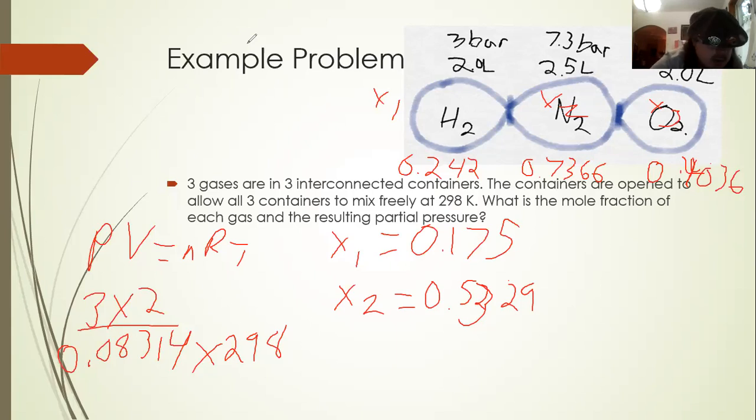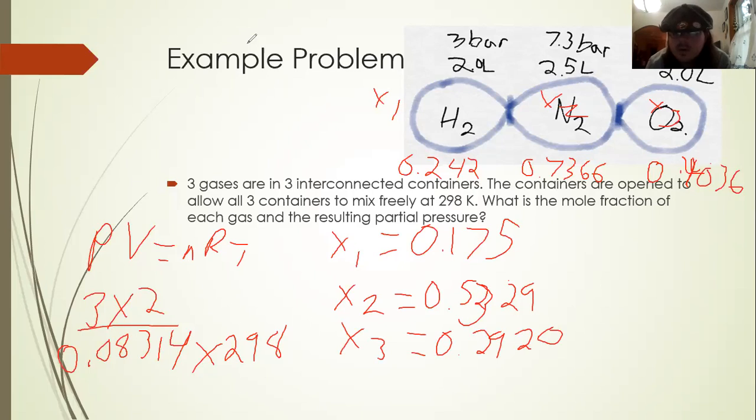And chi3 is going to be 4036 divided by the sum of all those. If you add chi1, chi2, and chi3 together, we should get 1. Sum of all, assuming I did this right, or at least come up really close to 1.